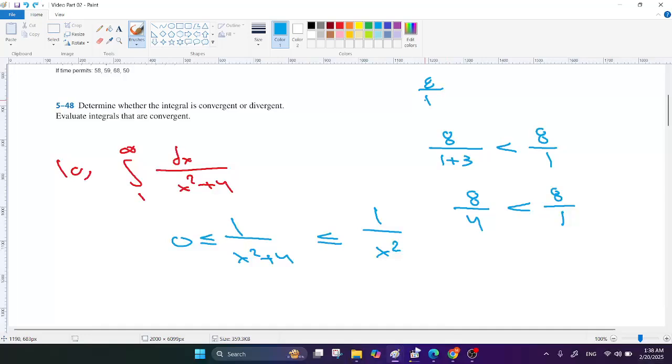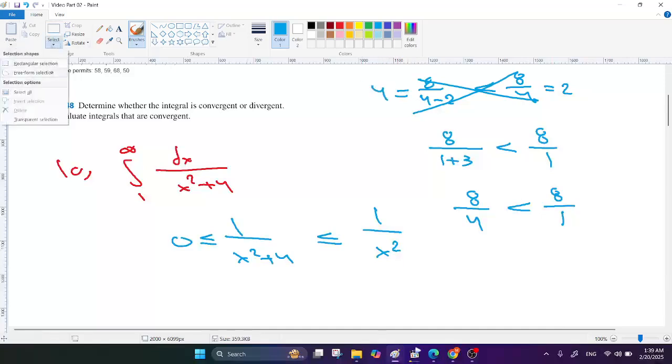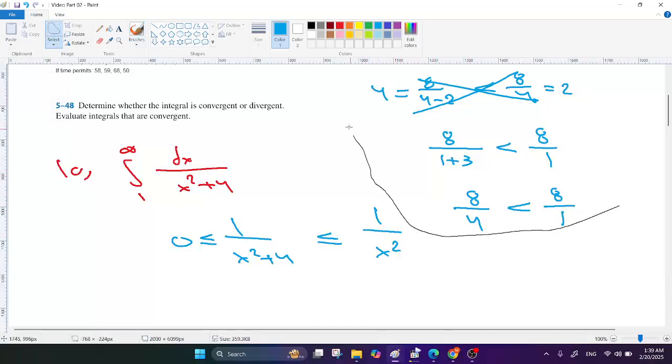But if not, then this need not be true. For example, 4 minus 2: saying this is less than 8 over 4 is not correct because minus 2 is negative. Because 8 over 4 equals 2, and 8 over 2 equals 4. So be careful. You can understand these ideas by these numerical examples.